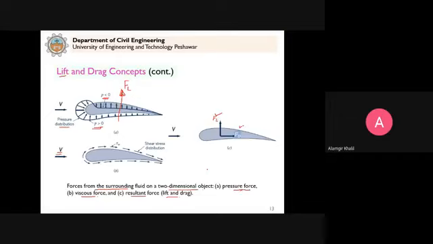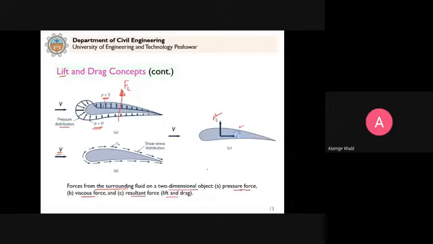Clear? So remember now that whenever a fluid flows past an object, two forces will be acting. One will be the pressure force, and you might have studied pressure in detail in fluid mechanics 1, that pressure force is that force which acts perpendicular to the area, normal to the area.